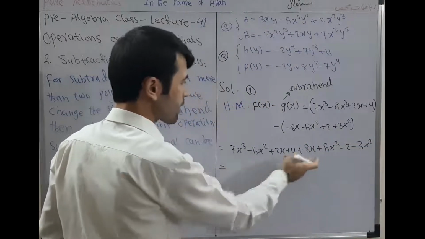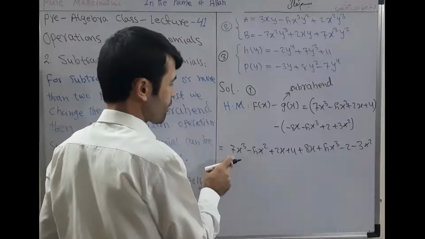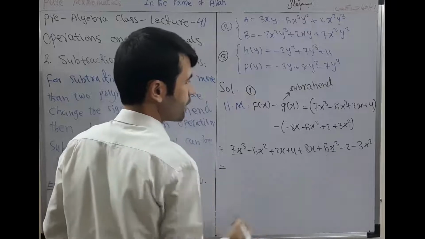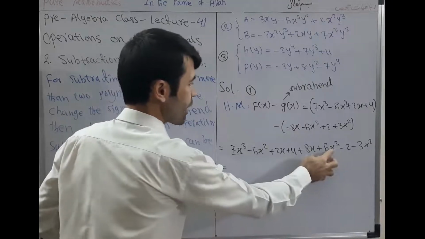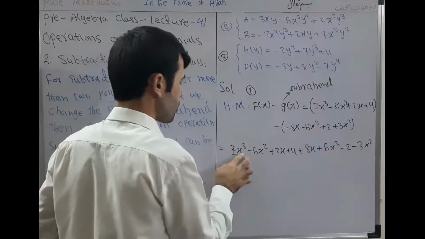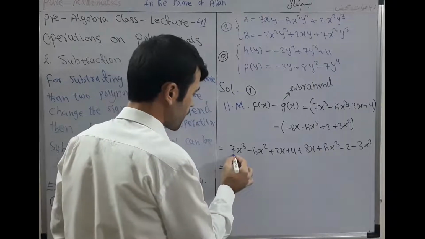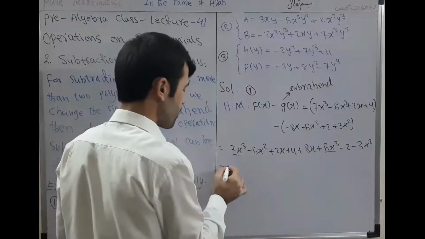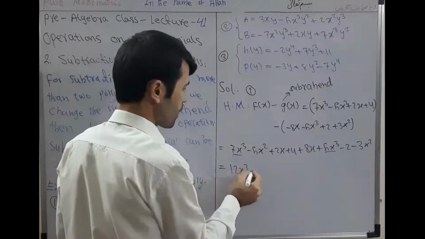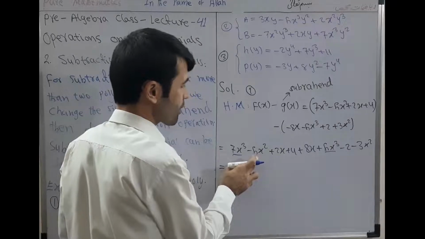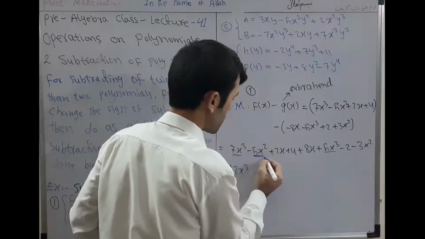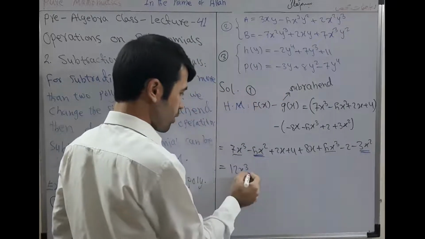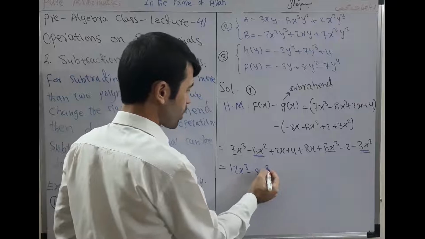Now we want to add the like terms. Here we have 7x cubed, and here we have 5x cubed. We add these two, then we get 7 plus 5, 12x cubed. Here we have minus 5x squared and minus 3x squared, minus 8x squared.